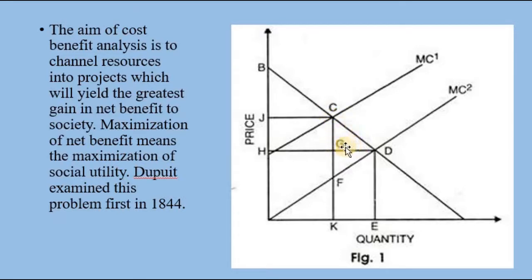So the total FCD is divided into two triangles, GCD and GFD. GCD is the consumer surplus, and GFD is the producer surplus.